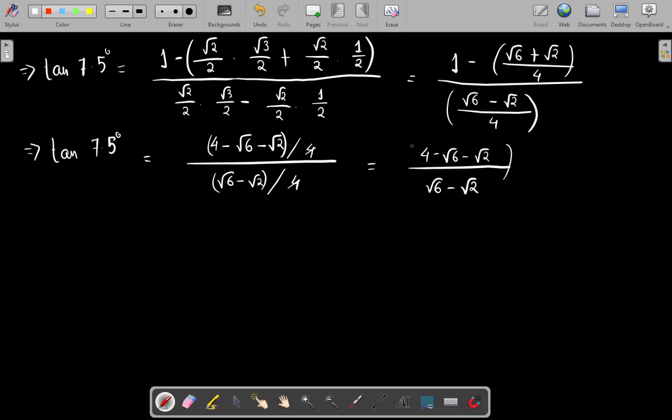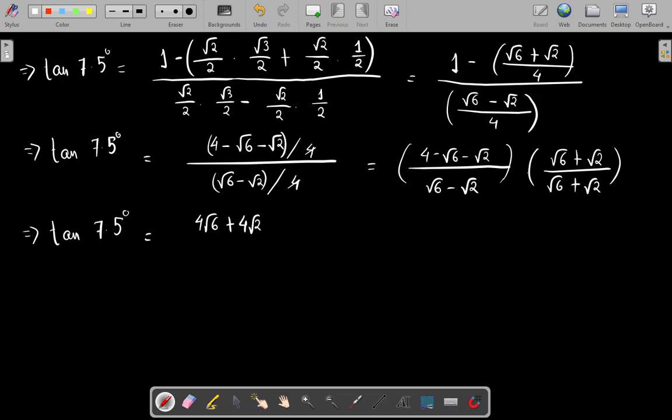Now I will try to rationalize this denominator, root 6 minus root 2. In order to rationalize, I will multiply by the conjugate, so I'm multiplying both the denominator and numerator with root 6 plus root 2. So now we get tan of 7.5 degrees. We multiply the numerators: 4 times root 6 plus root 2 gives 4 root 6 plus 4 root 2.